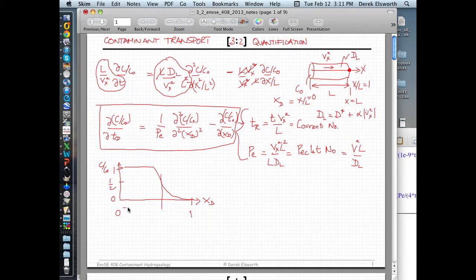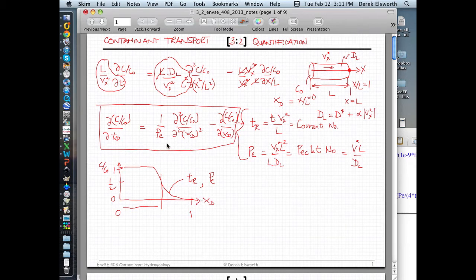And what we might hope is that this represents the plume at some value of TR, some dimensionless time, and for some Peclet number. So there are really only 4 properties that define this behavior: a relative concentration and how that changes with location.